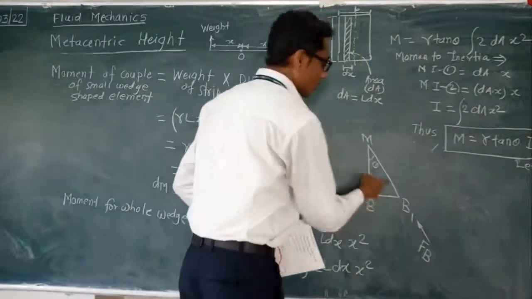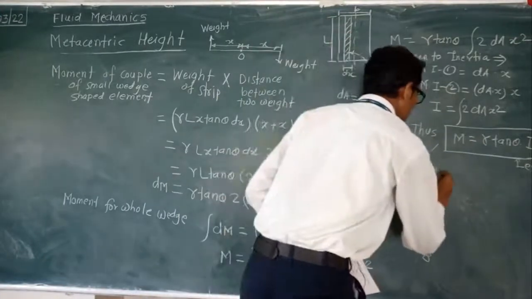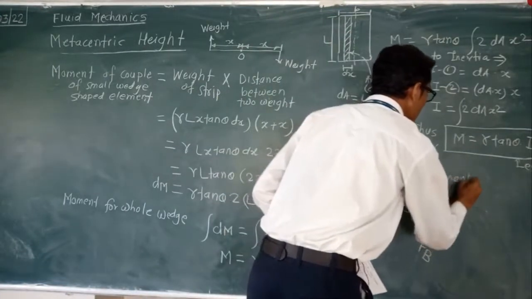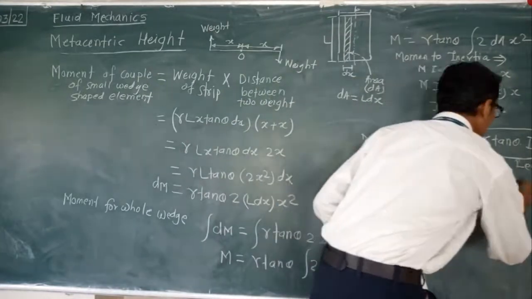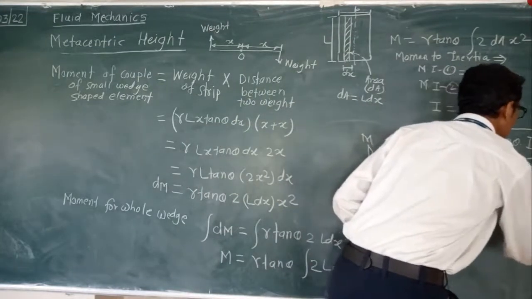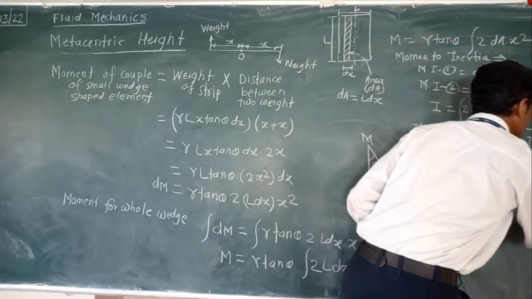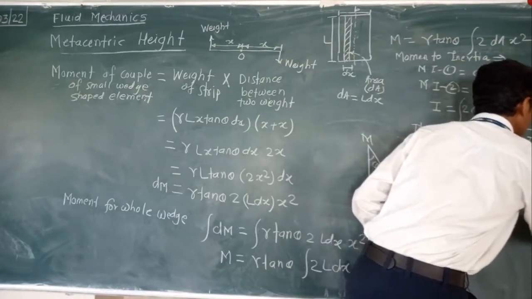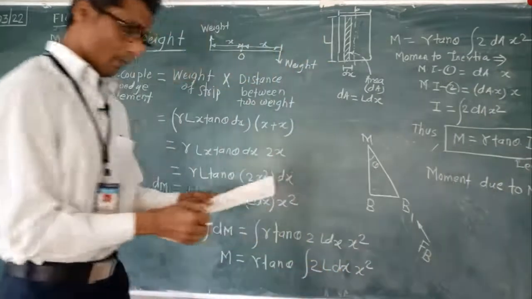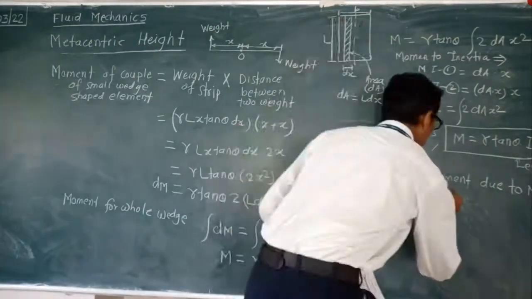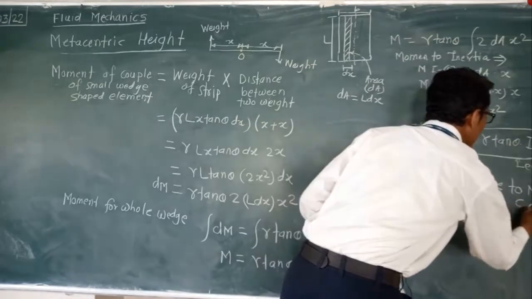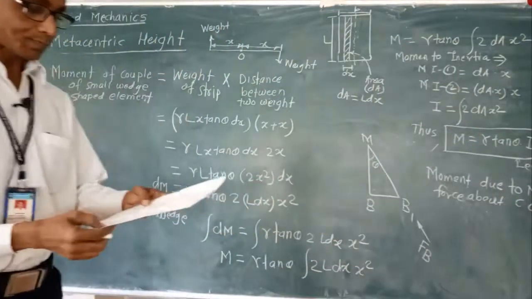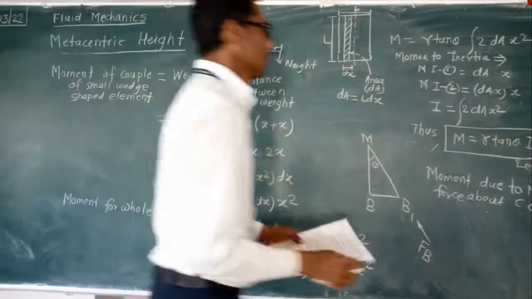Due to this, a moment is formed, the moment due to the buoyant force about CG, the center of gravity.